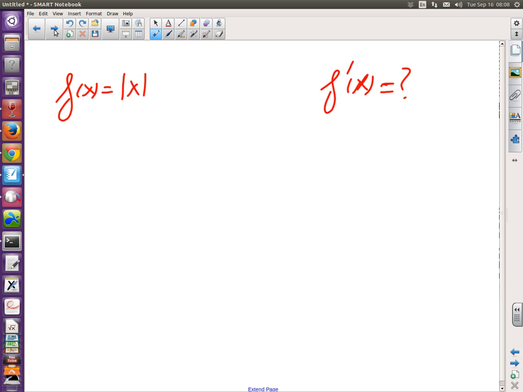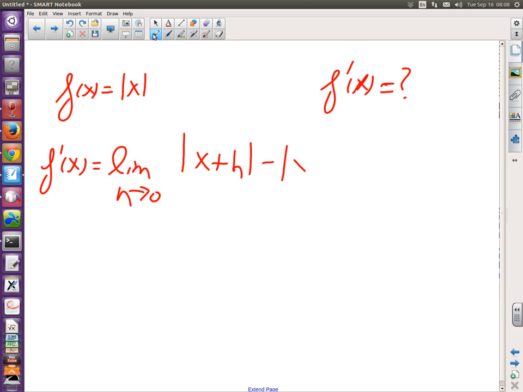F prime equals the limit as h goes to 0 of the absolute value of x plus h, minus the absolute value of x, all over h, right? But we were just talking about this.